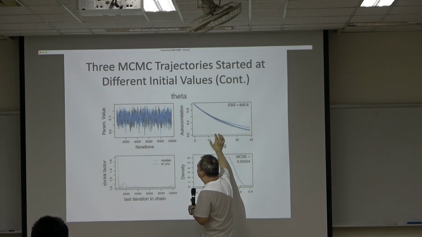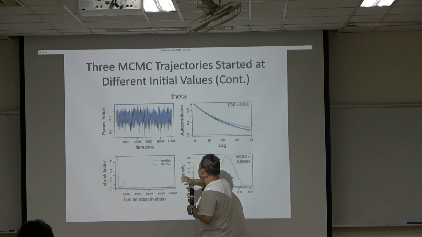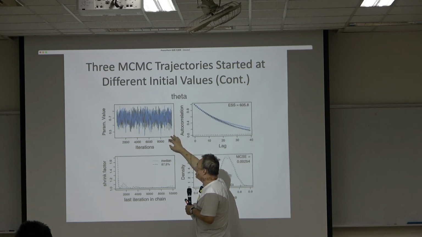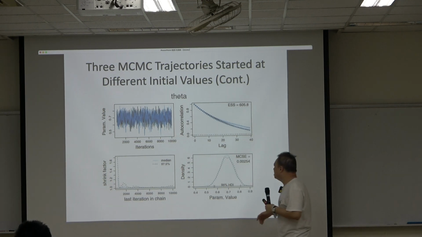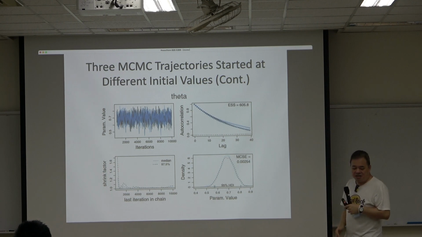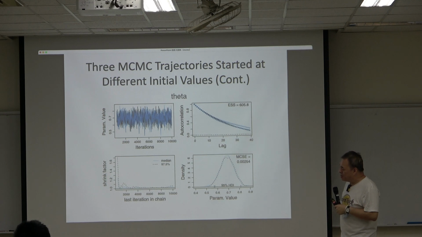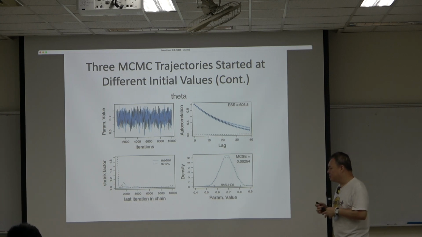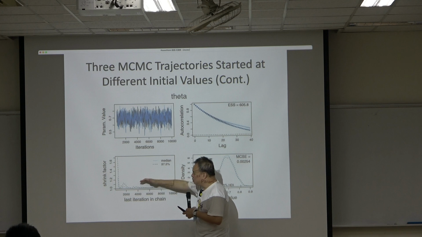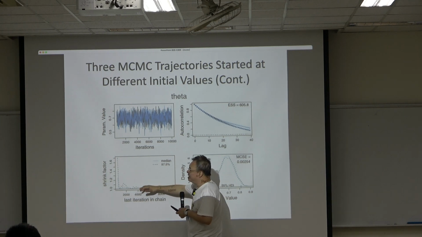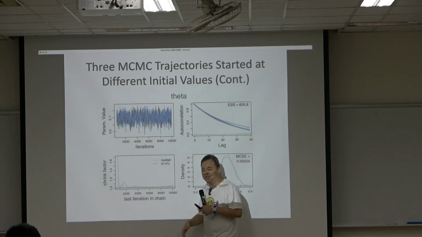The upper left one and the lower right one should be relatively easy for you to understand. The lower left one is a special one, called the Gelman factor, or shrink factor. Basically, if this value is reduced to close to 1, that means your chain is mixing very well.